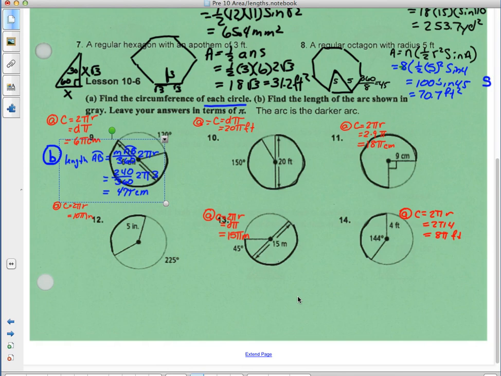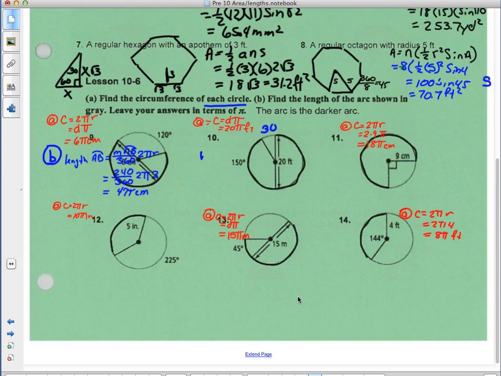Okay, now in 10, same idea. I'm looking at this. This is 150. This is 180. So I've got a 180 plus 150, and I've got a 330. Excuse me, this is 30. This is 30, and I'm finding the 330 arc.